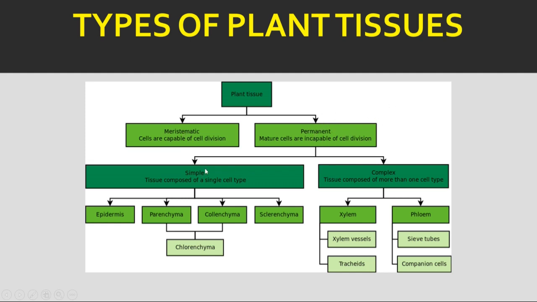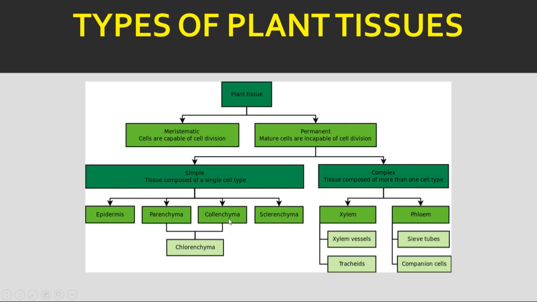The permanent tissue is divided into two branches: one is simple tissue and one is complex tissue. In simple tissue, we can find epidermis, parenchyma, collenchyma, sclerenchyma, and overall the chlorenchyma.